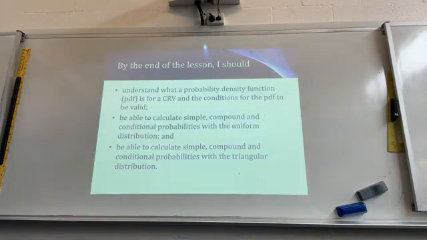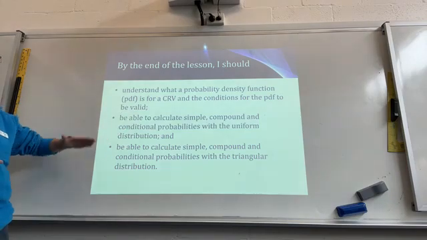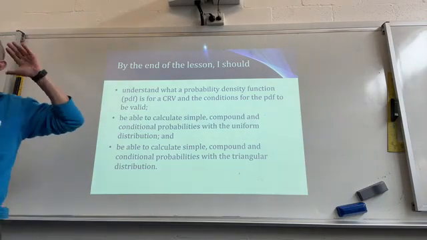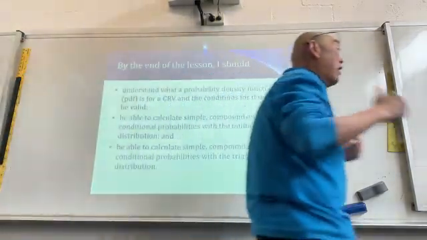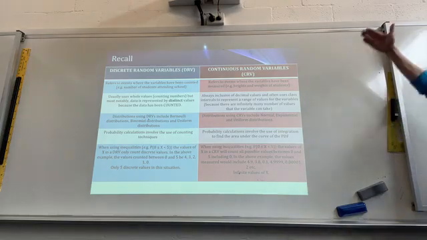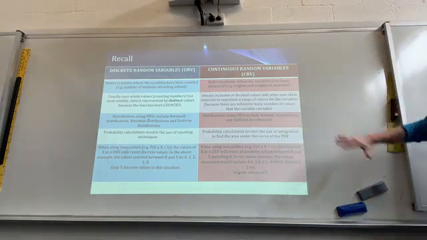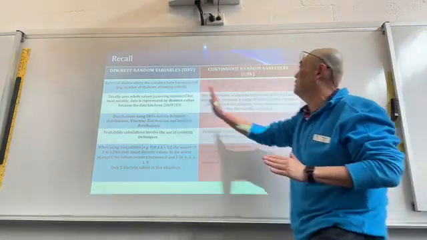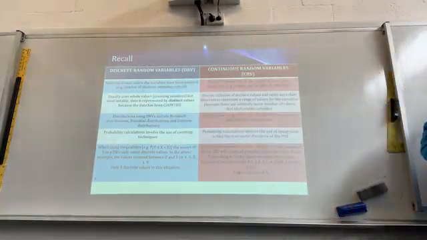The reason I'm doing the uniform and the triangular distribution is that they are both geometric. You could use the area formula to work out the probability. I showed you this yesterday, so I'm not going to go through it. It's just there to remind you of the difference between the discrete random variables and the continuous random variable.